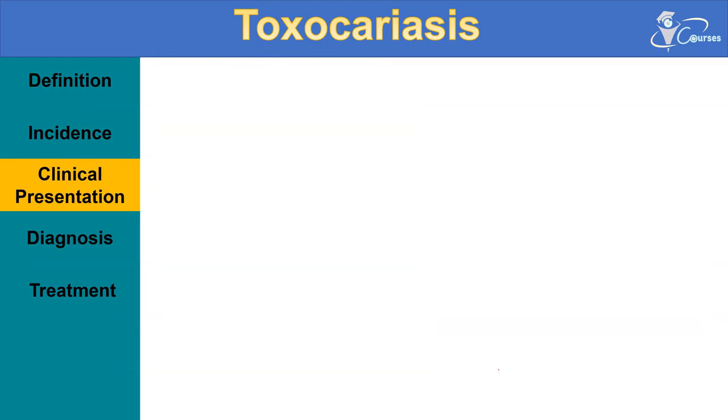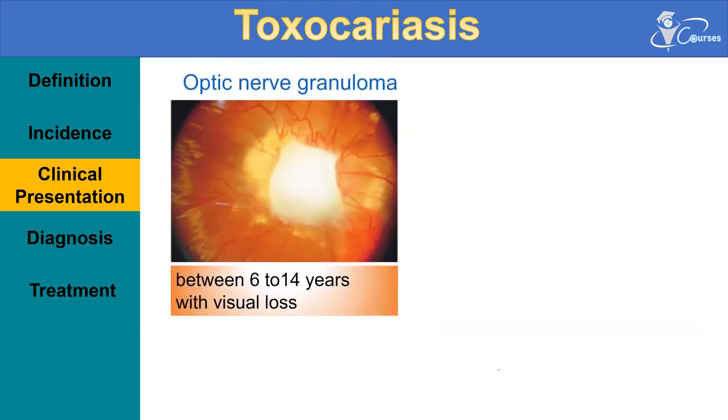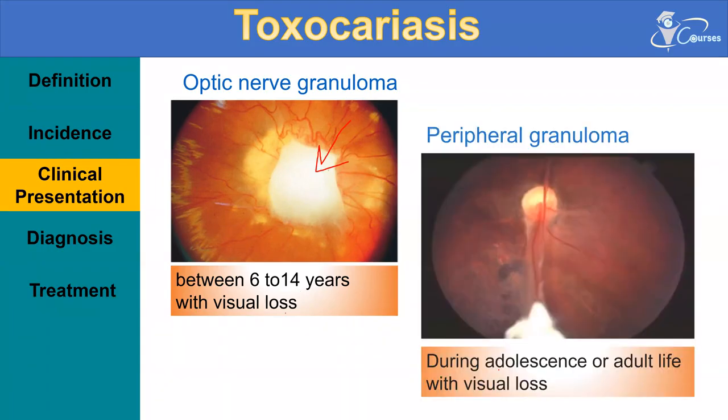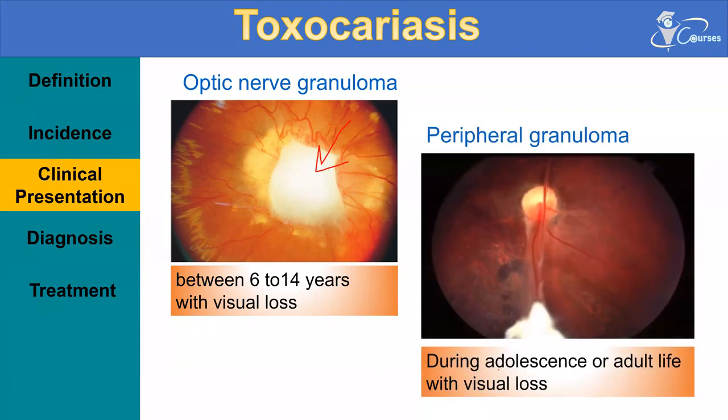Another presentation is the optic disc or optic nerve granuloma. This is a granulomatous disease, so it will cause granuloma, and granuloma can affect any location. It can affect the optic disc, happening between 6 to 14 years old with visual loss, and the granuloma can be present peripherally. So this is a peripheral granuloma.